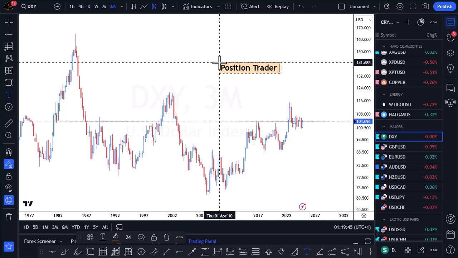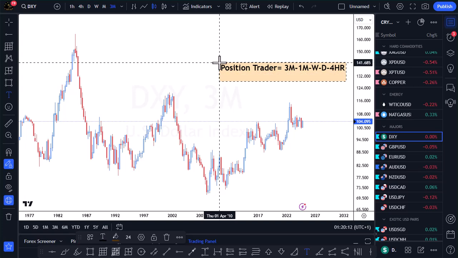But personally, I love to start mine from the 3-month chart. So 3 months, that is 3M, and then all the way to 1 month, all the way to weekly chart, and then all the way to day chart, and then all the way to 4-hour chart. So that is how I do my analysis, right? That is for a position trader.